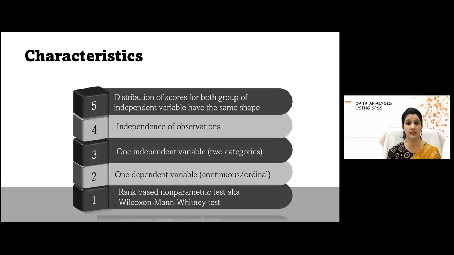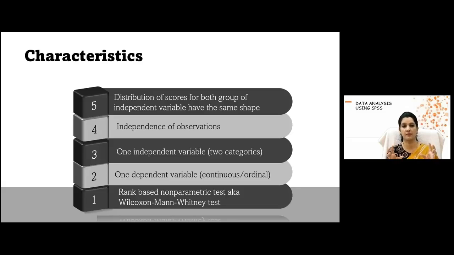But here you will see assumption 5. Here we say that the distribution of scores for both groups of the independent variable have the same shape. We have learned about shape in normality, about symmetry, about left skew or right skew. That means both should be skewed towards the right or both towards the left.